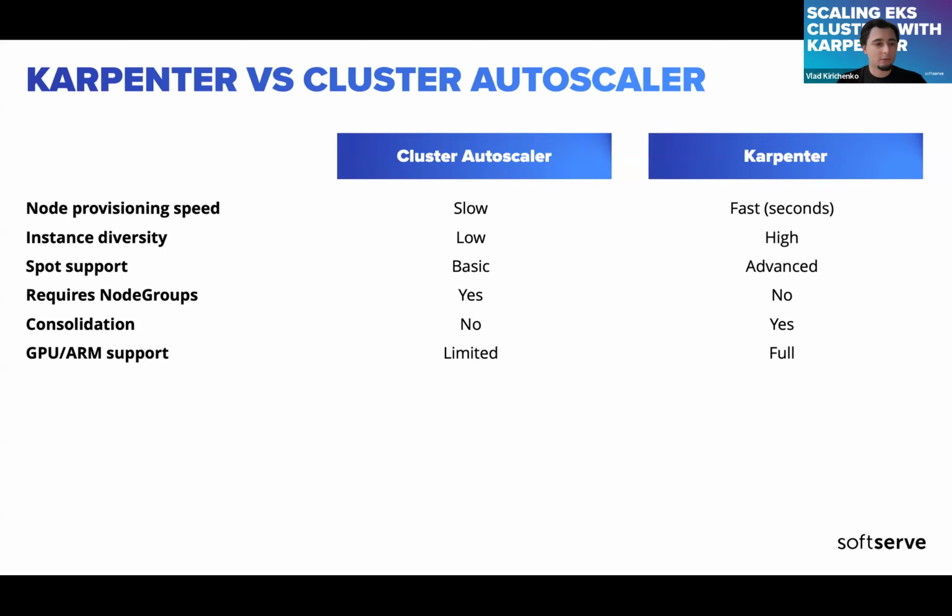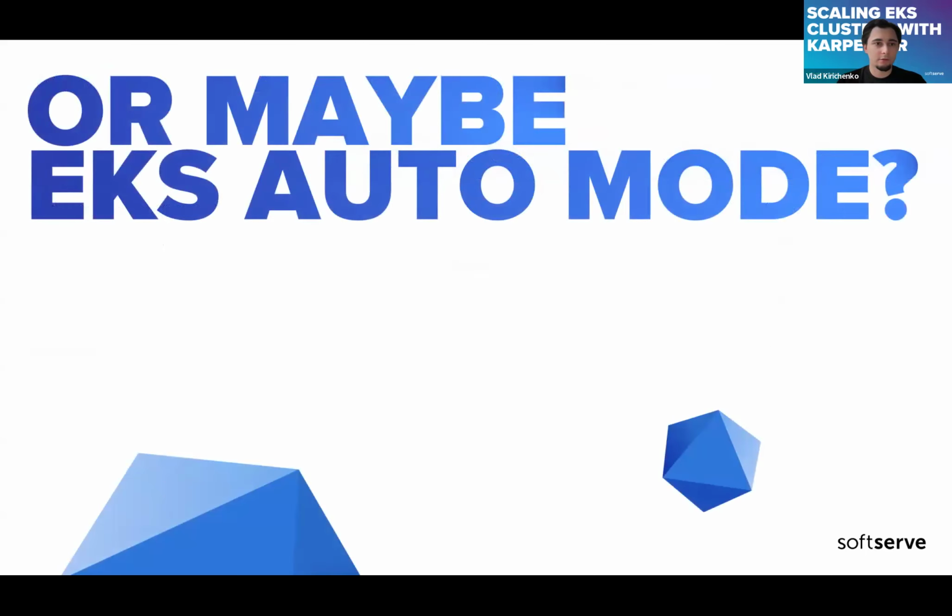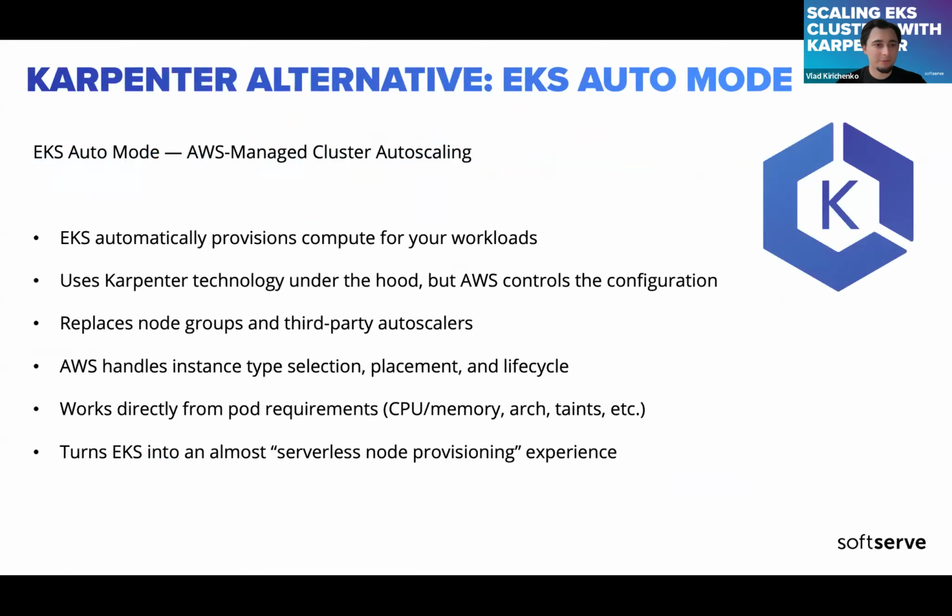So what we also have, compared to Karpenter, is EKS Auto Mode. What is EKS Auto Mode? We can think of it like AWS managed Karpenter.